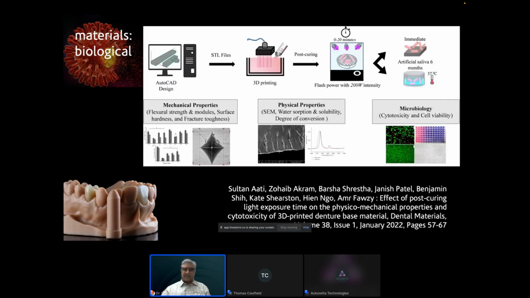Here's another study. This one used an artificial aging method with artificial saliva, and demonstrated that if you wash properly, you print properly, you post cure properly, microbiologically there is no cytotoxicity and cell viability is no problem at all. Physical and mechanical properties continue to be well retained as well. Again, good news.